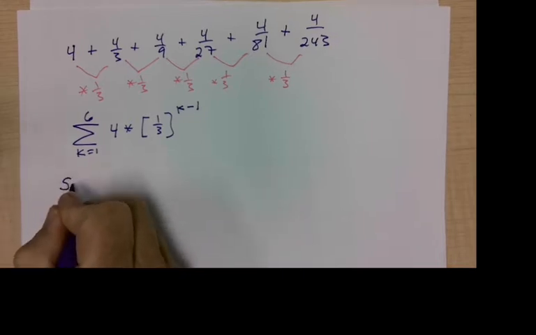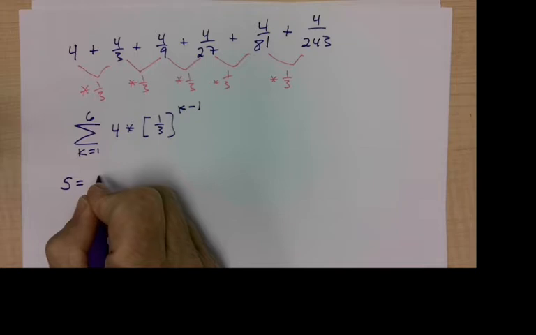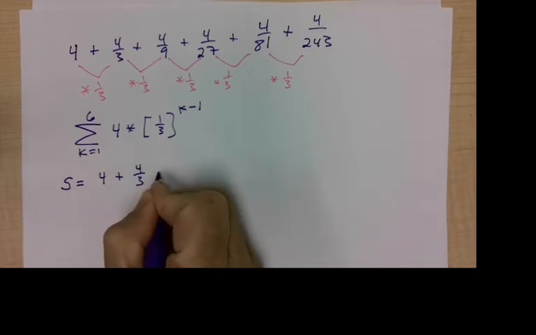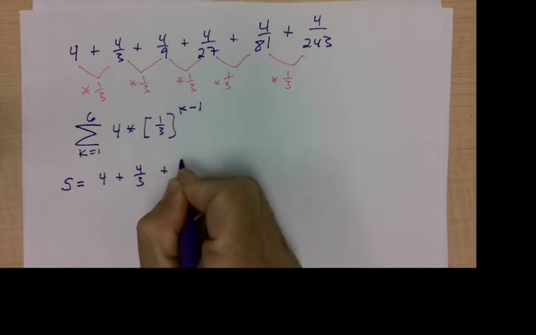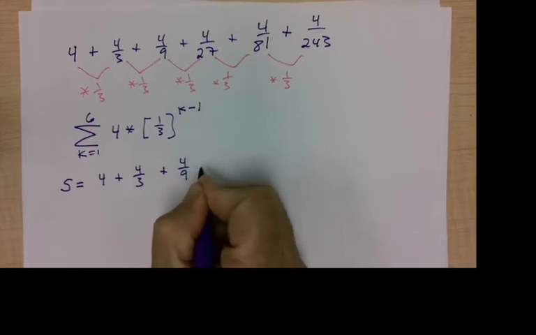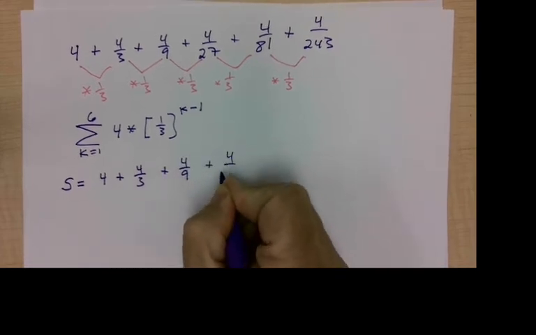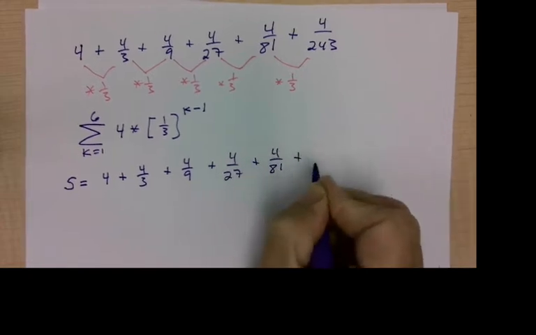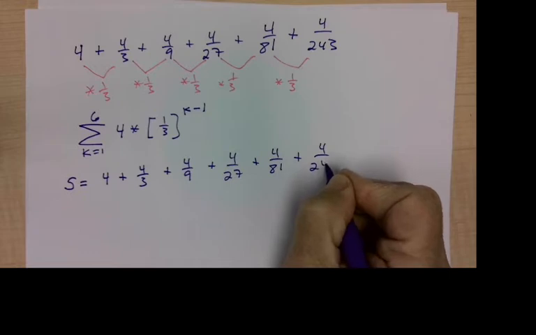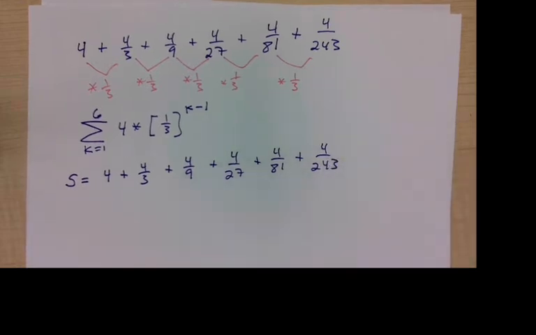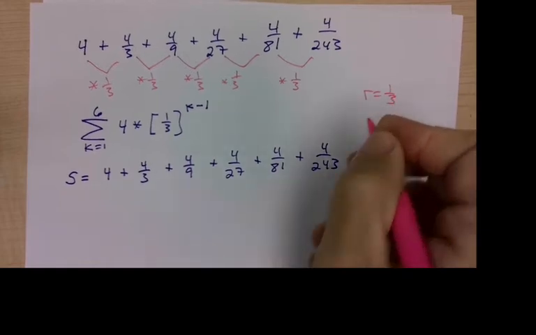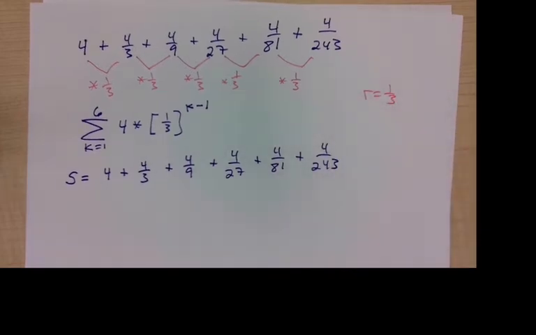Well, let's take a look. We could certainly use our calculator to get there, but I want to demonstrate the process of multiplying both sides by 1/3. So this is what we have for S. The common ratio in this case is 1/3. So let's multiply both sides by 1/3.